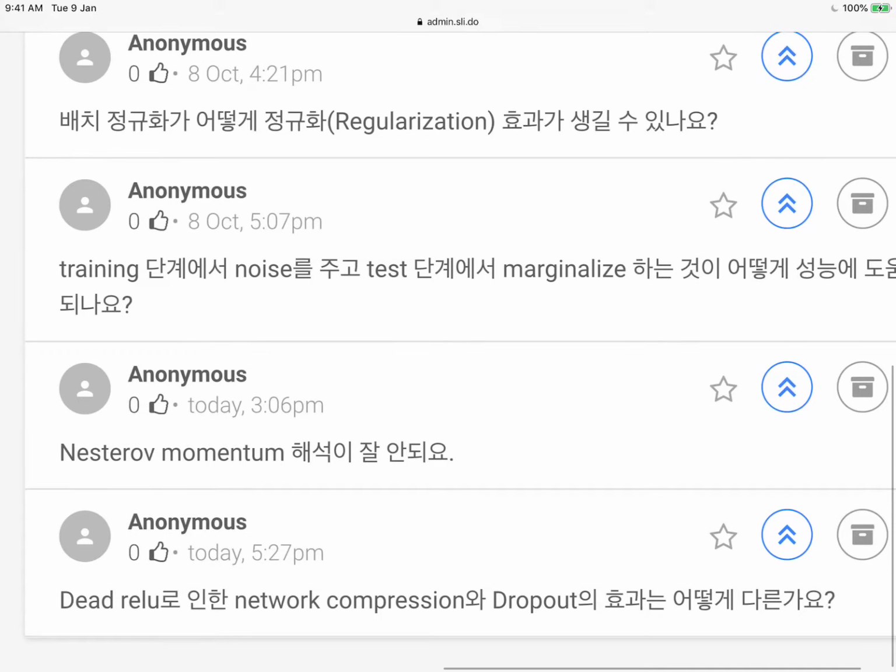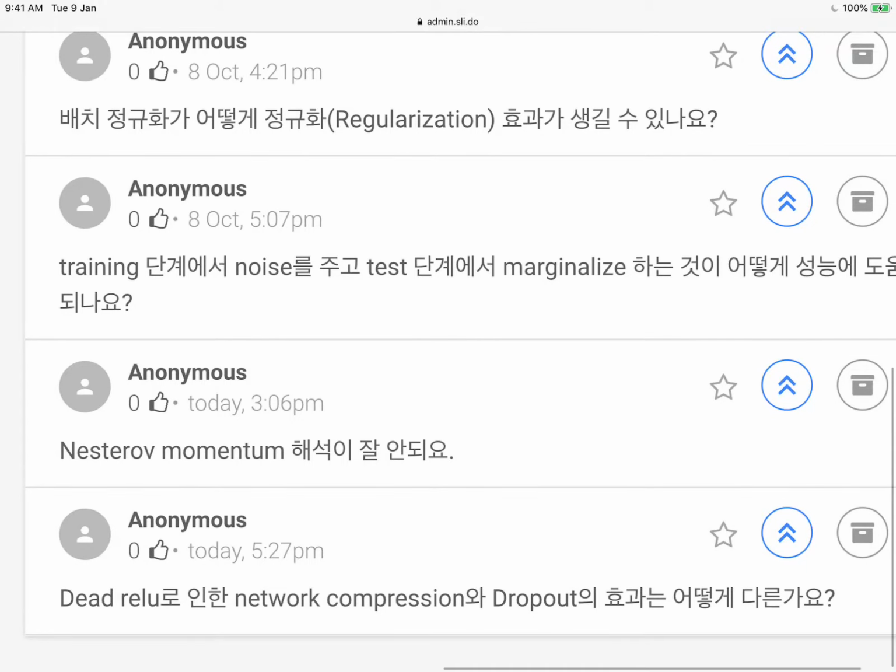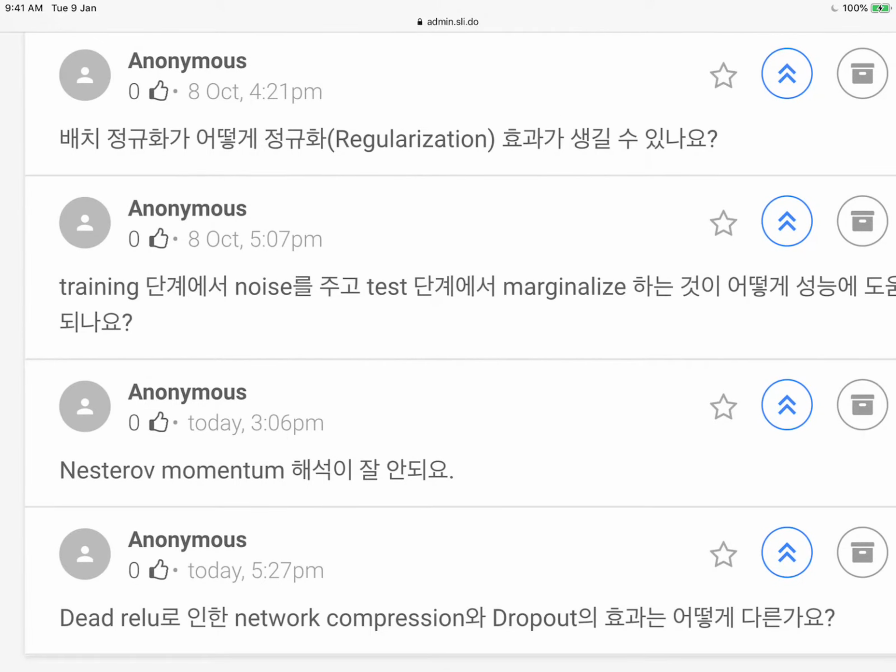So I discussed network compression by identifying the dead values and removing them, right? That is viewed as network compression because we actually removed nodes, reducing the number of nodes, right? But in the case of dropout, even though we use only a subset of the nodes in our network during training time, at testing time we basically use all the nodes, right?